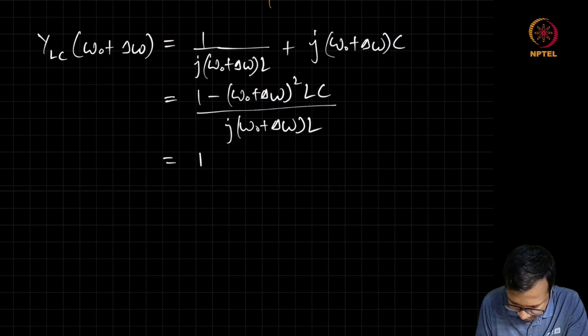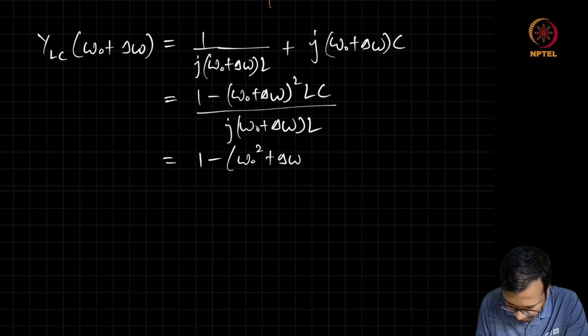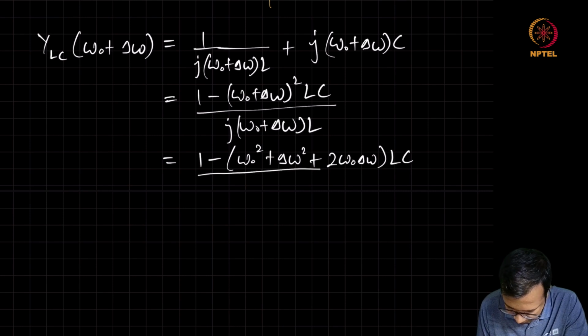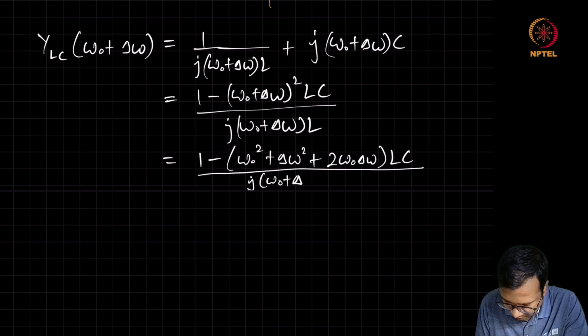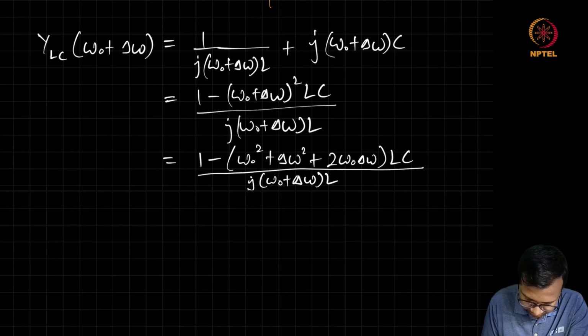Now if we expand this (omega naught plus delta omega) square, we are going to get omega naught square plus delta omega square plus 2 omega naught delta omega, times LC, divided by j(omega naught plus delta omega)L.